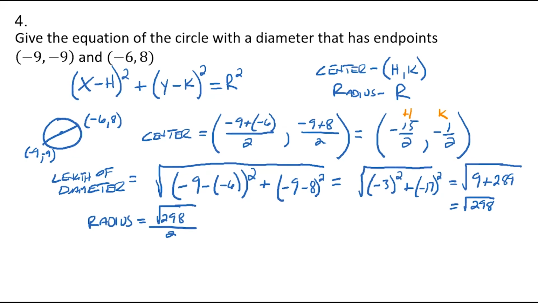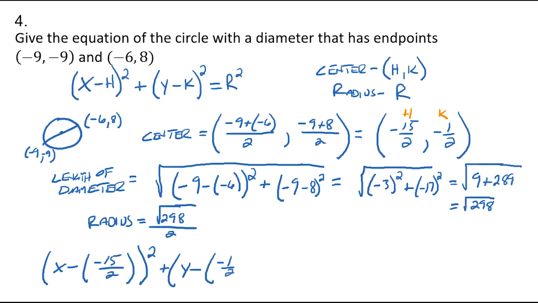So now for our standard equation of a circle, we just plug all this in. So we end up with x minus, what is our h here? It is negative 15 over 2, and all this quantity squared, plus y minus negative 1/2, all of this squared, equal to the square root of 298 over 2.